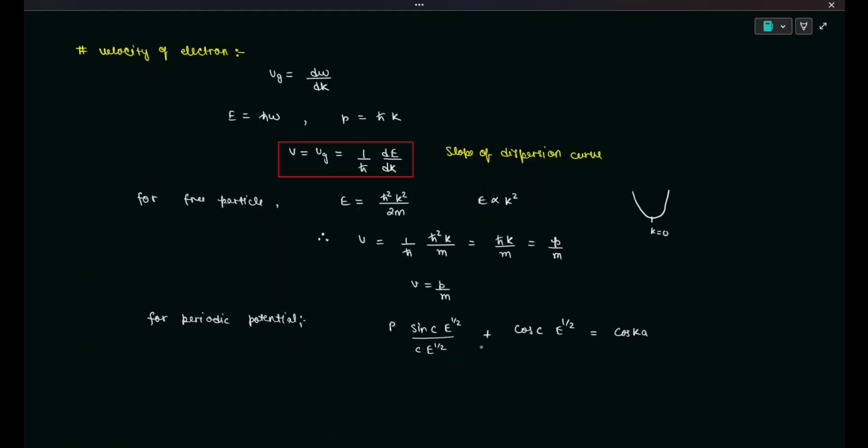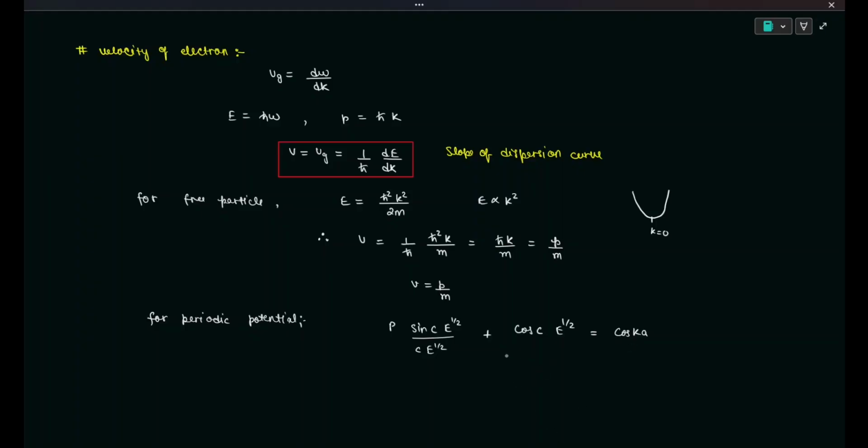So here the relationship between energy and wave vector k is not as direct as in the case of the free particle. Therefore, E is generally not proportional to k, and you can see that the slope of the E-k curve is not constant, but it is changing with respect to k. For the periodic potential case, we will show the graph of this velocity of electron as a function of wave vector k in a minute.